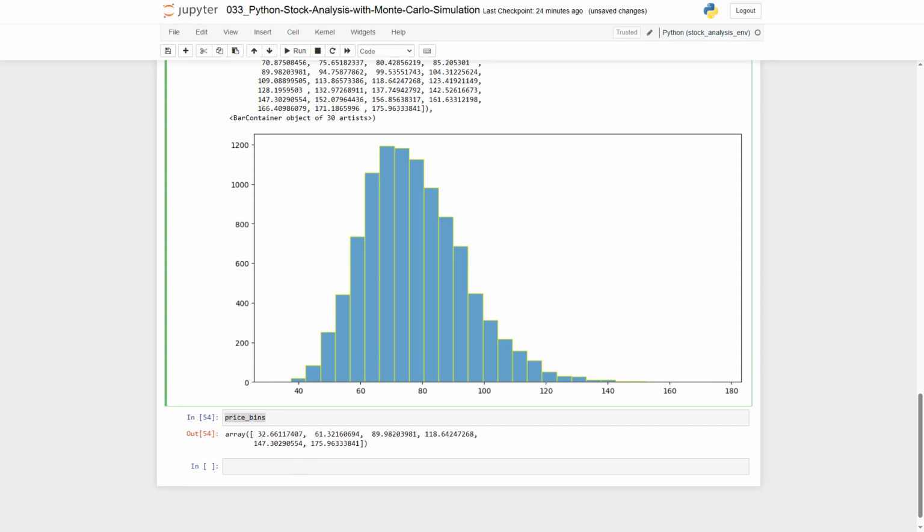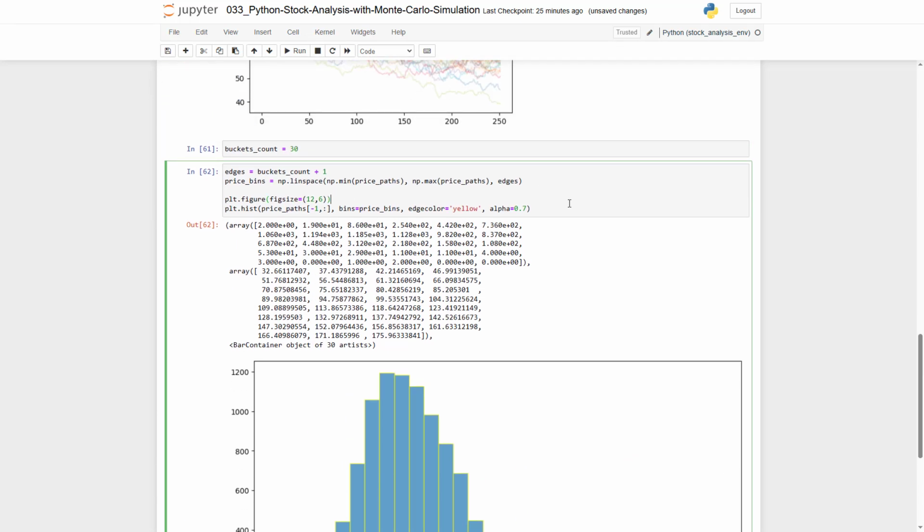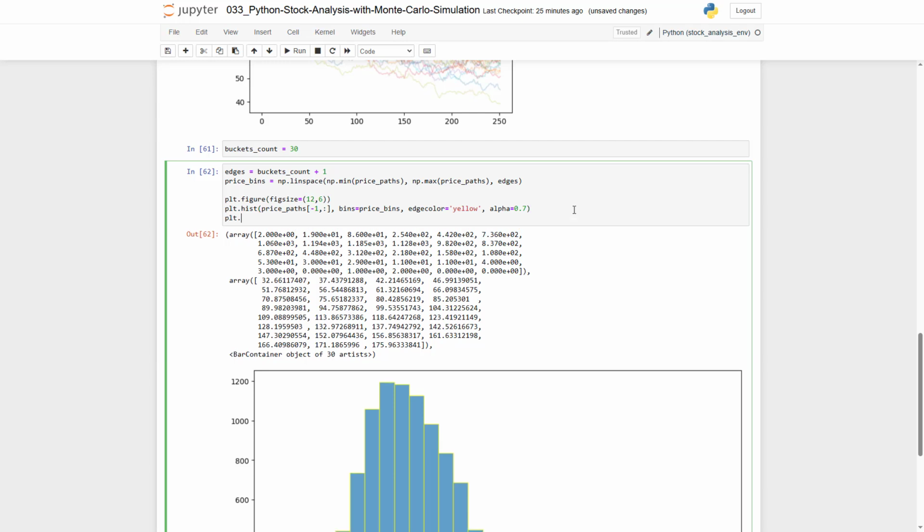What would actually make more sense is if we write explicitly the current price from which everything started. We call plt.axvline from starting price, color red, and what else?